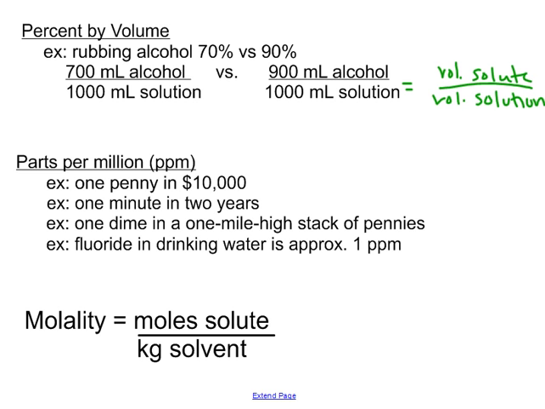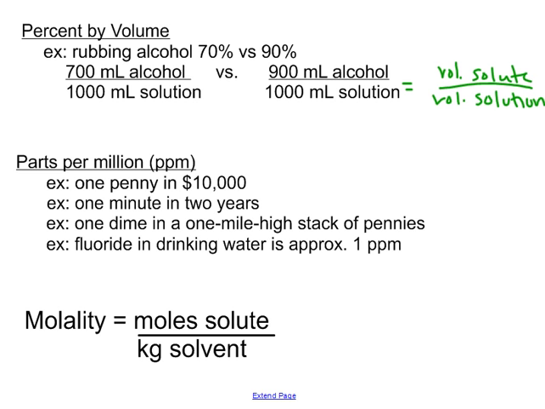An example here, rubbing alcohol, if you go to the drugstore, you can get it either in a 70% or a 90% concentration. The 70% has 700 milliliters of alcohol in a total of 1,000 milliliters of solution. 90% rubbing alcohol has 900 milliliters of alcohol within the 1,000 milliliters total of solution.